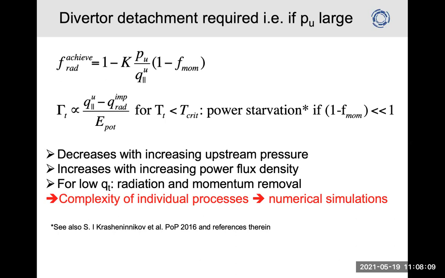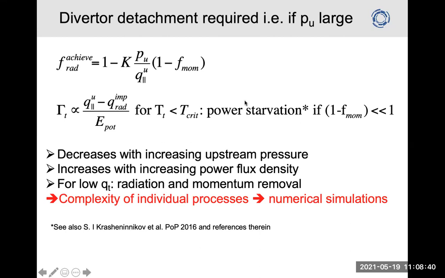So once you have enough radiation, the recycling flux is limited by the available power to sustain the recycling flux. This is another way of saying why you need a lot of dissipation of energy. Because the more you dissipate, you go into a regime where at some point you don't have enough power to sustain the particle flux that you could sustain due to the plasma pressure upstream.